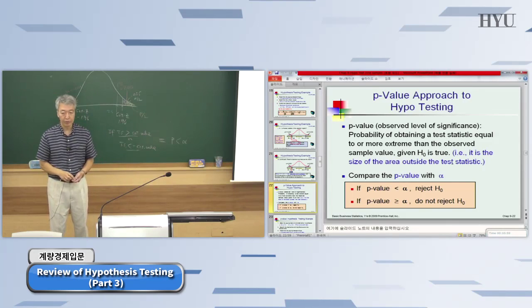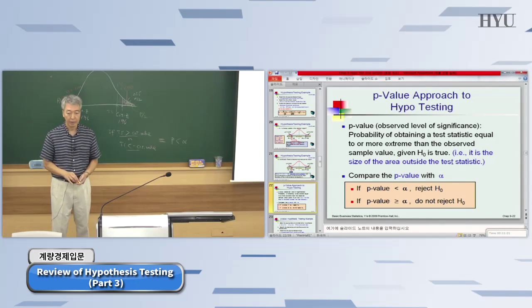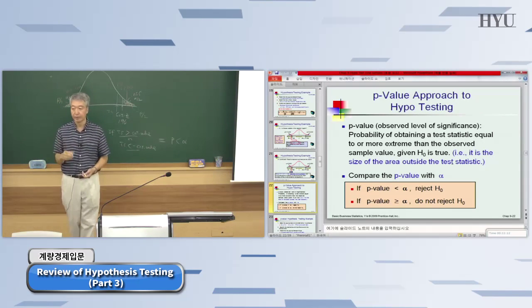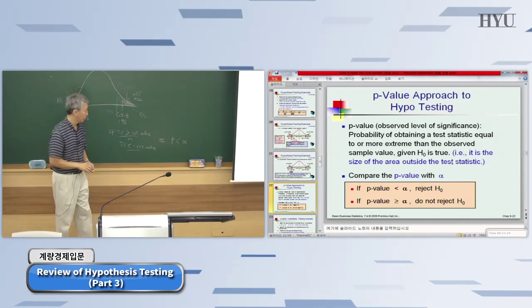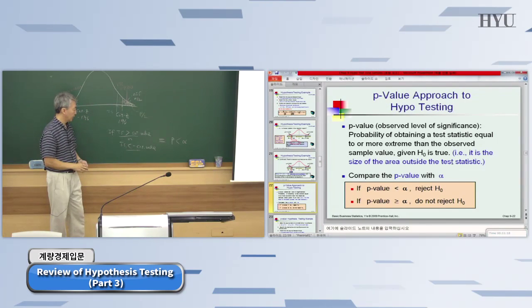When you use a critical value approach, you state the null hypothesis, alternative hypothesis, test statistic, decision rule, conclusion, and interpretation. I told you, you have to have those six components, right? And the decision rule would say if the test statistic is either greater than the critical value or less than the negative critical value, you will reject the null hypothesis.